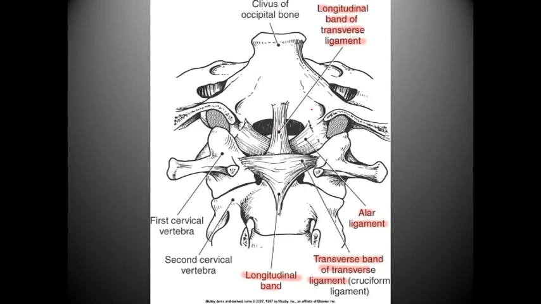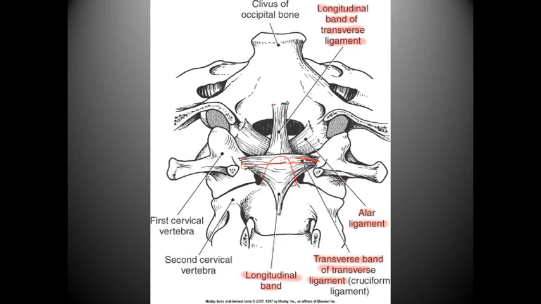Here we kind of see how everything is actually laid out. We have the transverse ligament, and so because of this, we're looking at this from a PA perspective. We have the odontoid process sitting inside.